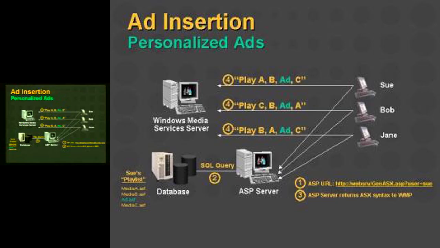Of course, it could also be a static insertion, where I have a stock of 10 ads and I want to rotate through them. So that would be an idea of a static playlist. What the user gets back as static is they play through everything, and as they get to ad.asf, that's what they end up playing.